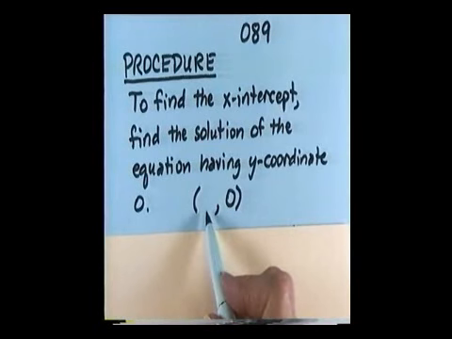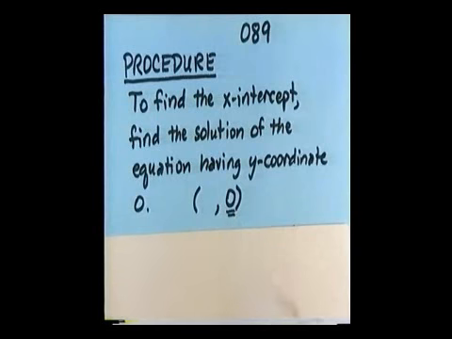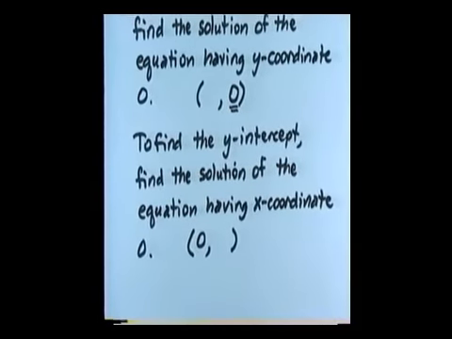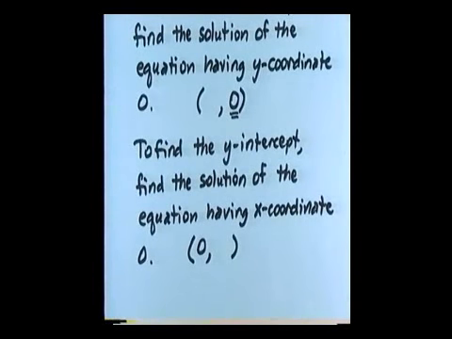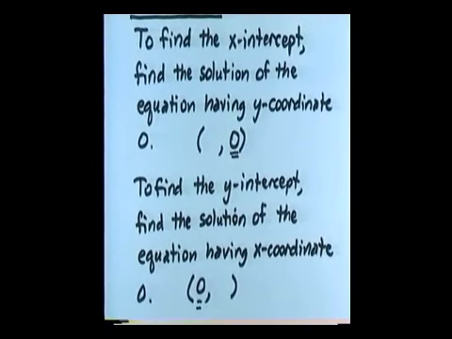We don't know what this value is for the x-coordinate, but we do know that the y-coordinate will be 0. Similarly, to find the y-intercept, find the solution of the equation having x-coordinate 0. For the y-intercept, the x value must be 0.